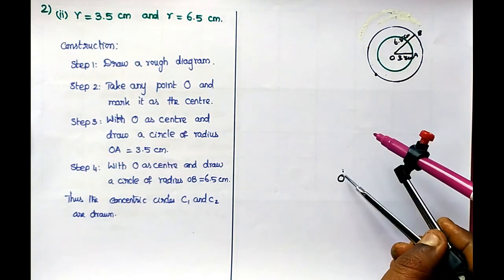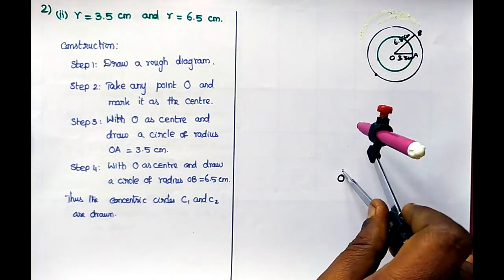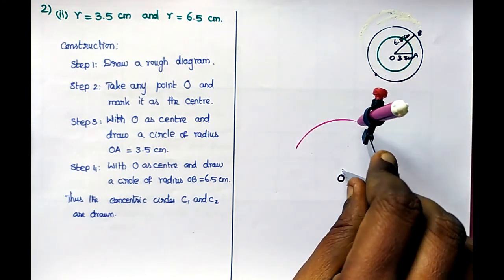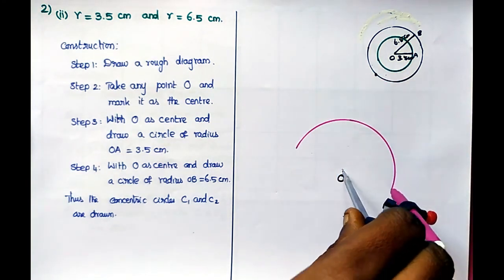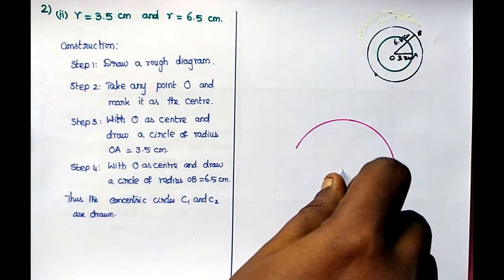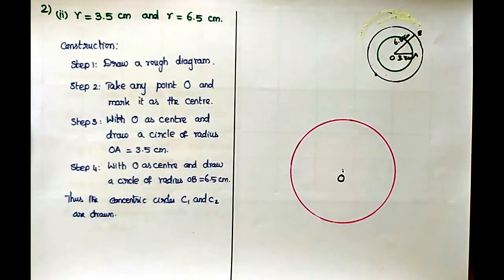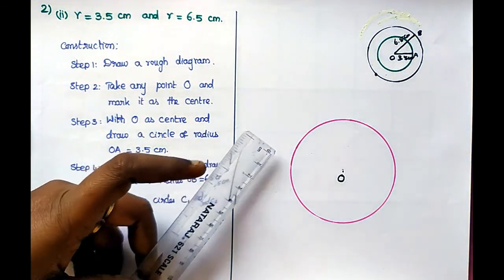With O as center, draw a circle. And then next step, with O as center draw a circle of radius OB equal to 6.5 centimeter.